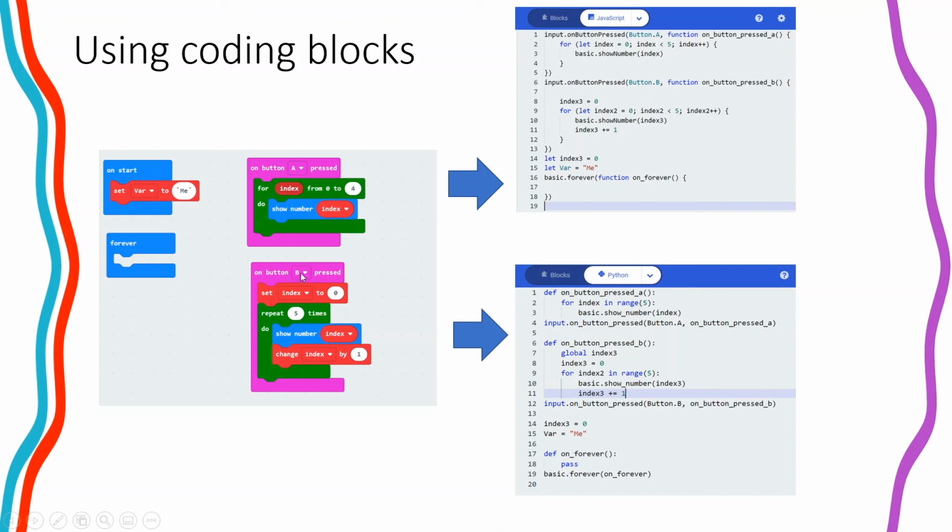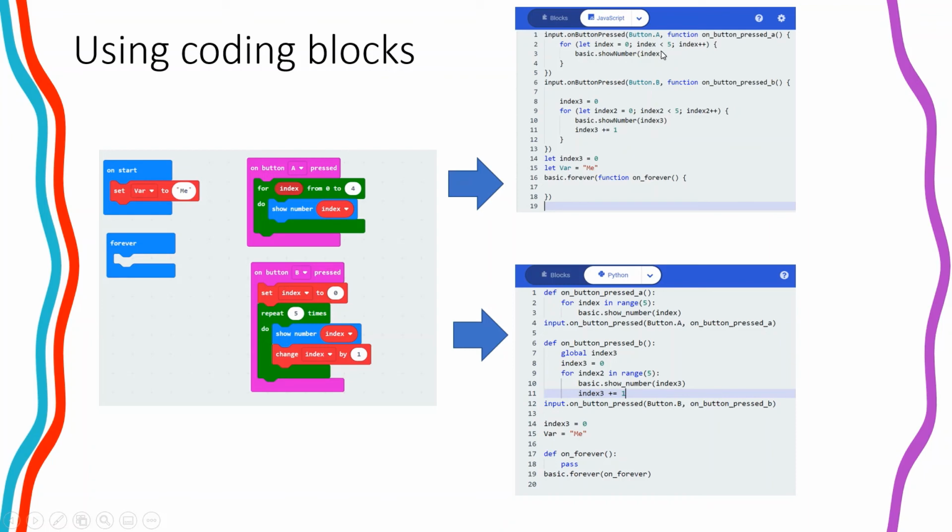If you press button B, it would repeat a process 5 times. So for younger kids, or younger learners, we will utilize the coding blocks to learn how to program.